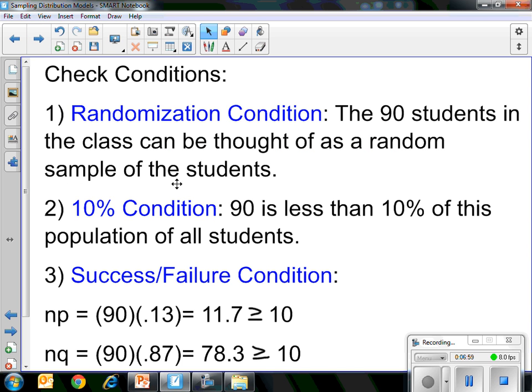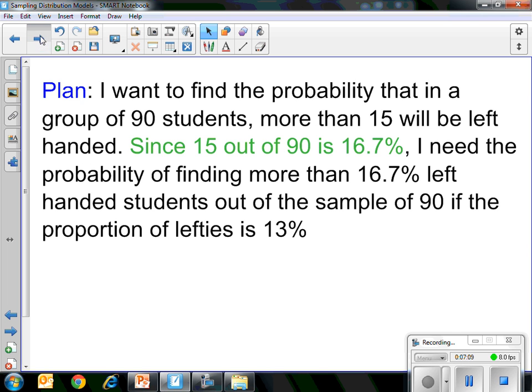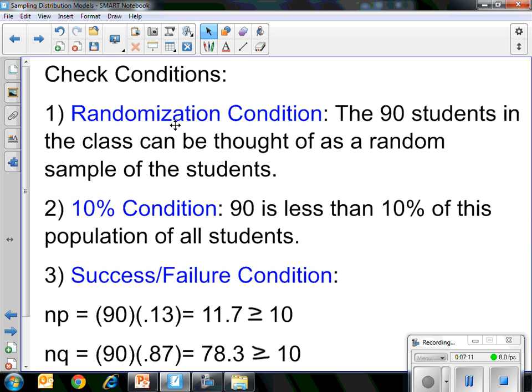So are we allowed to use the normal model? Well, it doesn't say that we are using a normal model or that it is distributed that way, so we have to check. The conditions for using a normal model, again, are the randomization condition, the 10% condition, and the success/failure condition. So let's go through those.